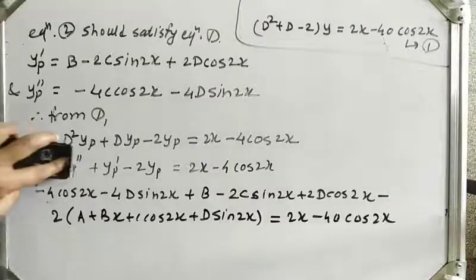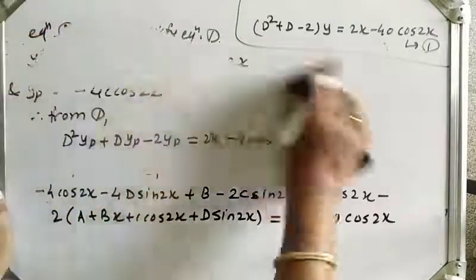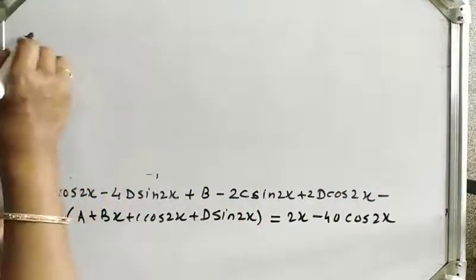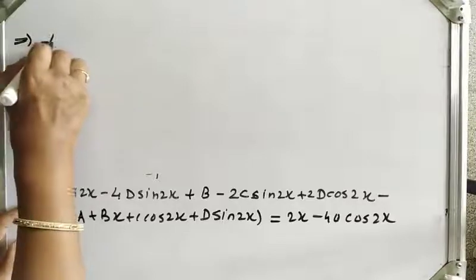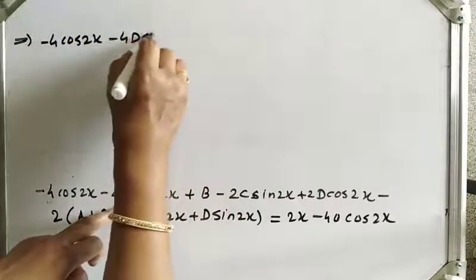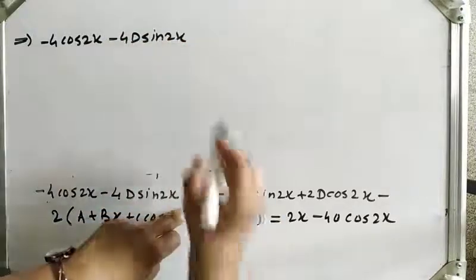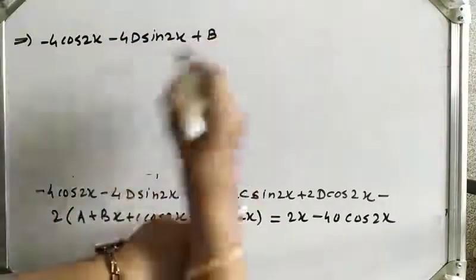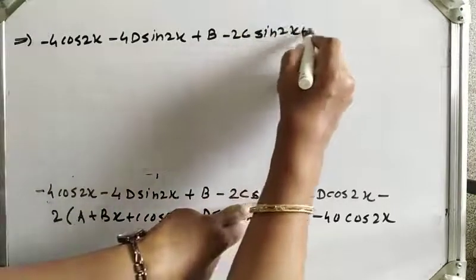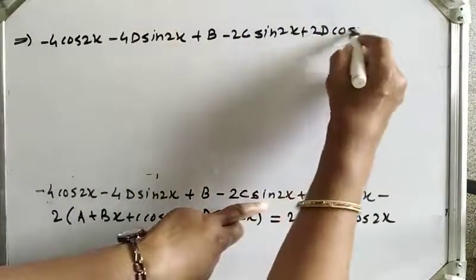Let us simplify it. Which is equal to minus 4c cos 2x minus 4d sin 2x plus b minus 2c sin 2x plus 2d cos 2x.